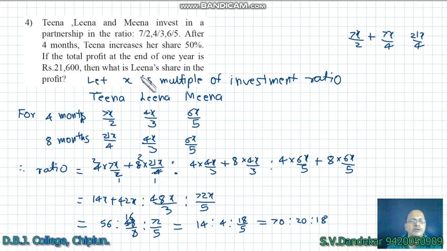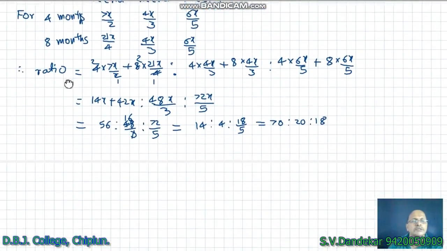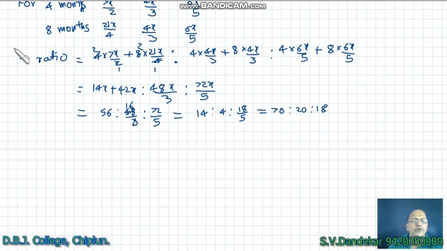Now we want Lina's share in the profit of 21,600. 21,600 is the profit.